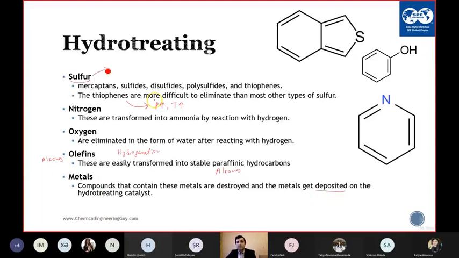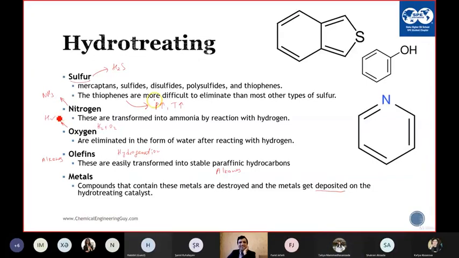What happens to sulfur when you hydrotreat? What do you produce? Hydrogen sulfide. Exactly. With nitrogen? NH3, ammonia, yes. And oxygen? H2 plus O2, water.